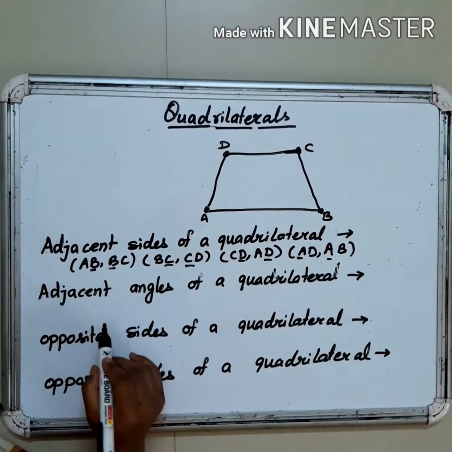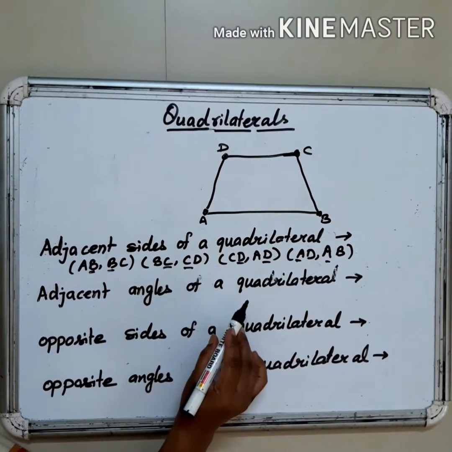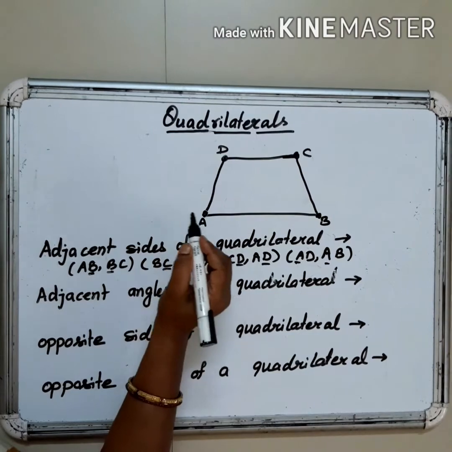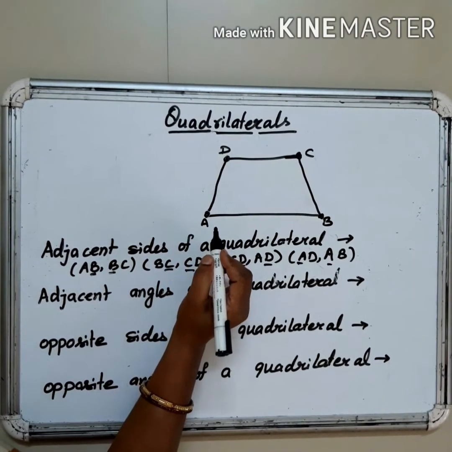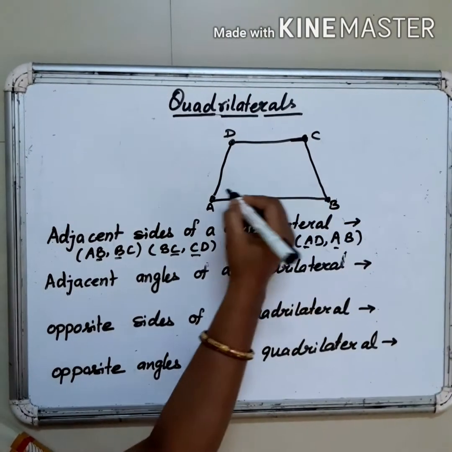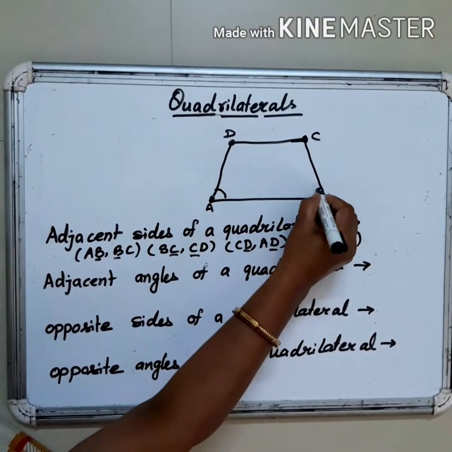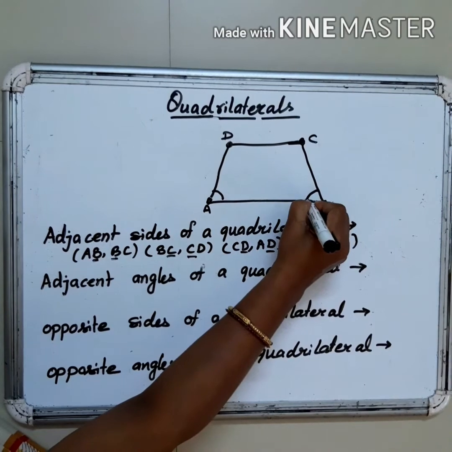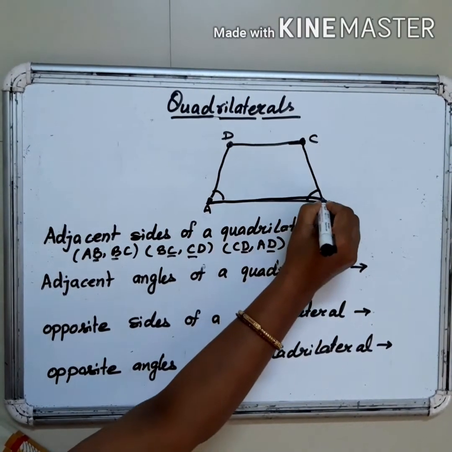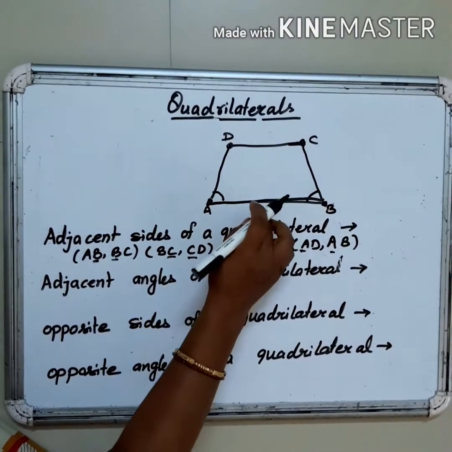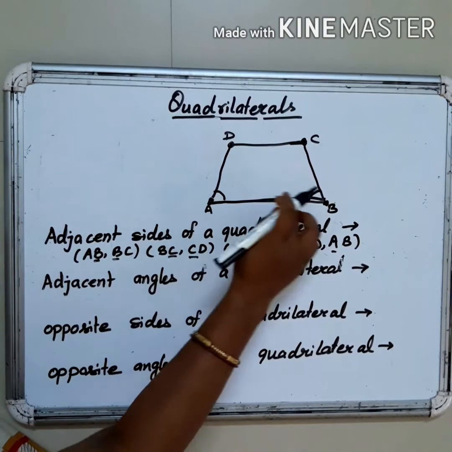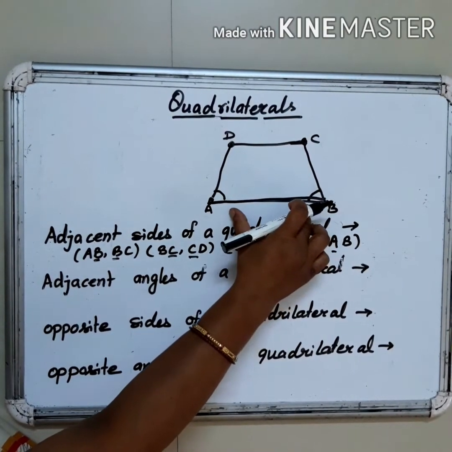Next, adjacent angles of a quadrilateral. 2 angles of a quadrilateral having a common arm are called adjacent angles, just like common arm AB. Here angle A and angle B are adjacent angles because both have one common arm AB. How many adjacent angles in this figure? Angle A, angle B with common arm AB.